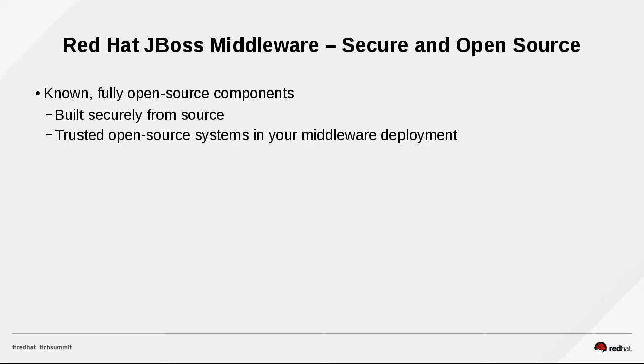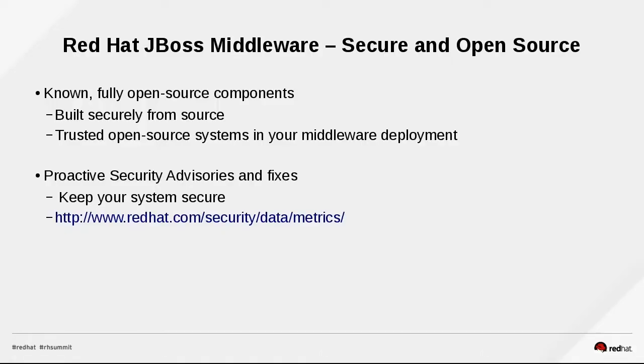We build our products from source, so we know where every component is coming from, and therefore our customers can trust that the open source components they're getting have already been vetted by Red Hat and warranted. We provide proactive security advisories and fixes. That's part of the Red Hat subscription to help keep your system secure.